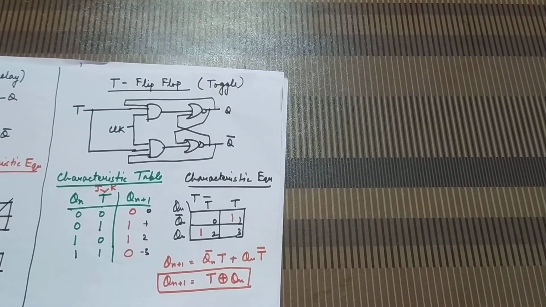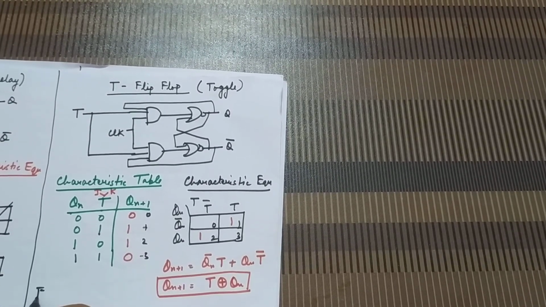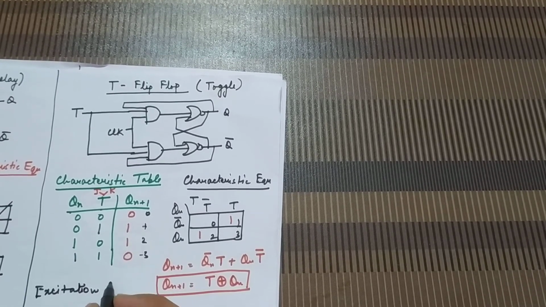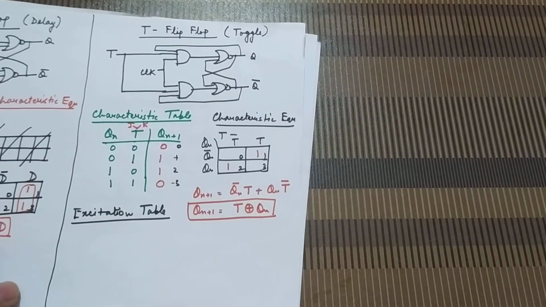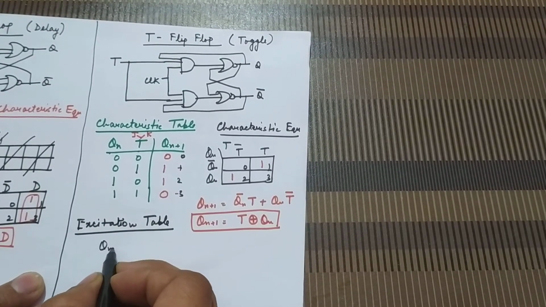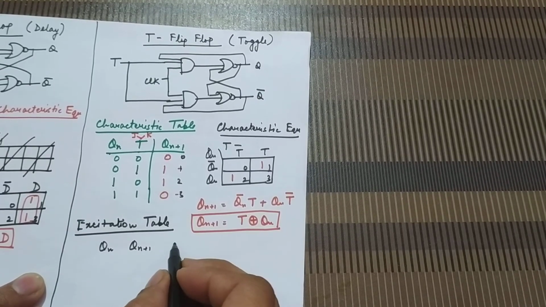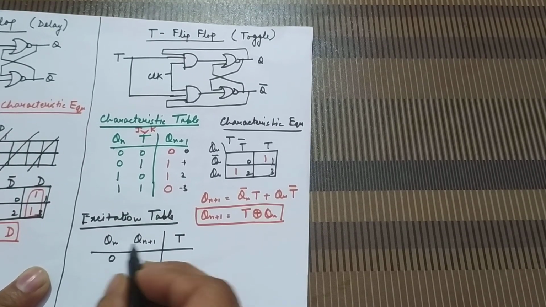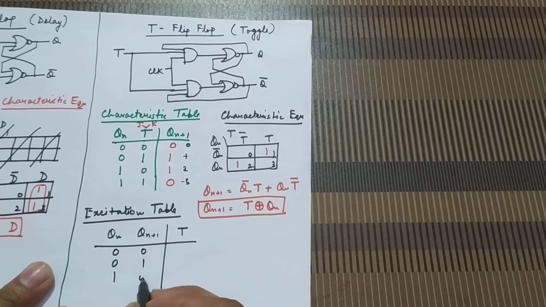Now as far as the excitation table is concerned, again we have the present state Qn, the next state Qn plus 1, and the output T. If the inputs are 2, the combinations will be 4: 0 0, 0 1, 1 0, 1 1.